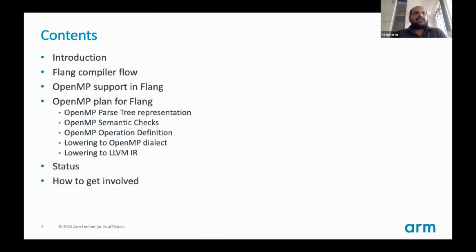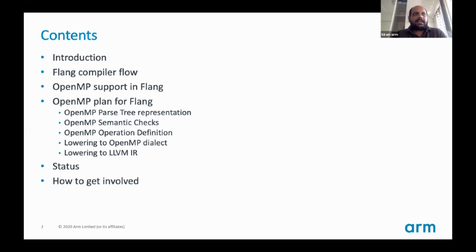This slide shows the contents of my presentation today. I'll basically introduce Flang and then briefly summarize the Flang compiler's flow, and then discuss the support for OpenMP in Flang, and what the plan for code generation for OpenMP in Flang is.